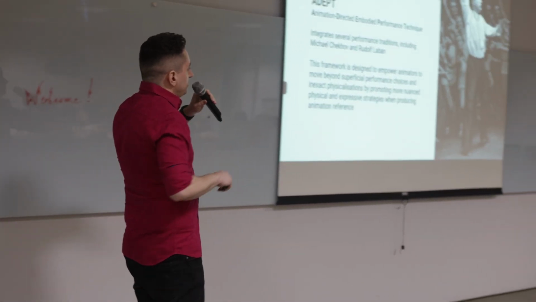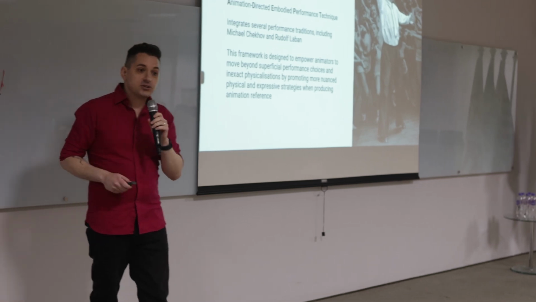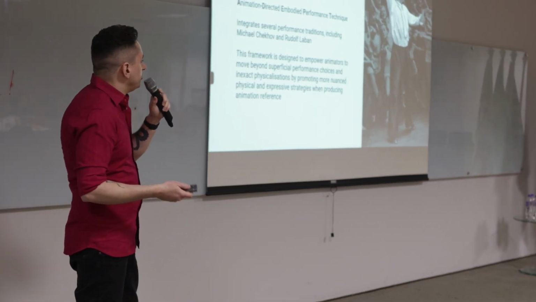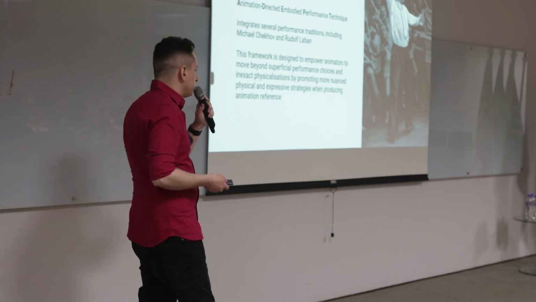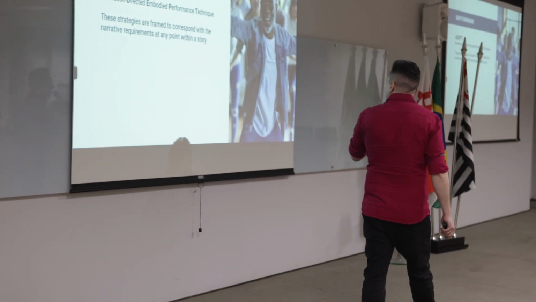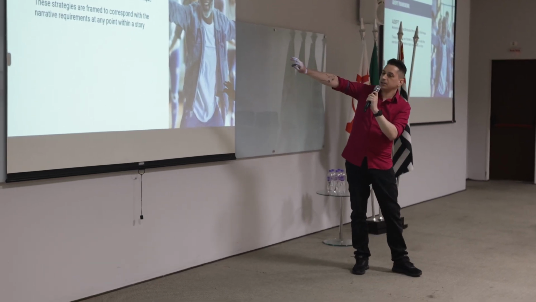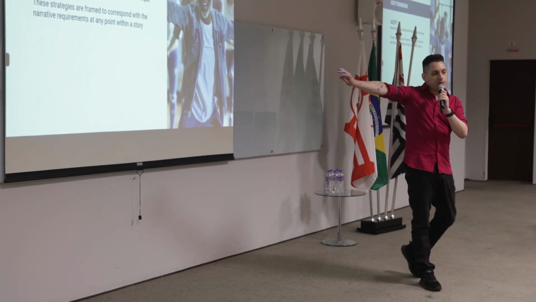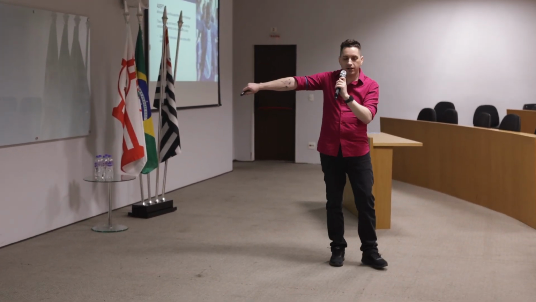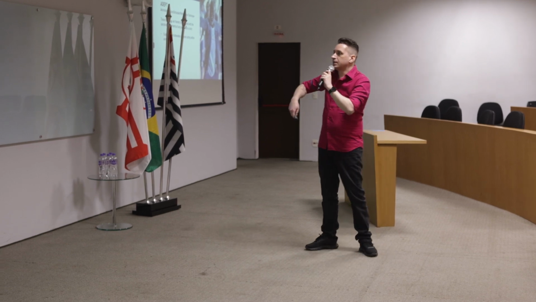So this framework is designed to empower animators to move beyond superficial performance choices, to go beyond the cliche, to promote more nuanced physical and expressive strategies when producing animation reference. And it's really here to help them tap into and correspond their performance with the narrative requirements of the story that they are trying to tell, and where those performance elements sit within a particular story.